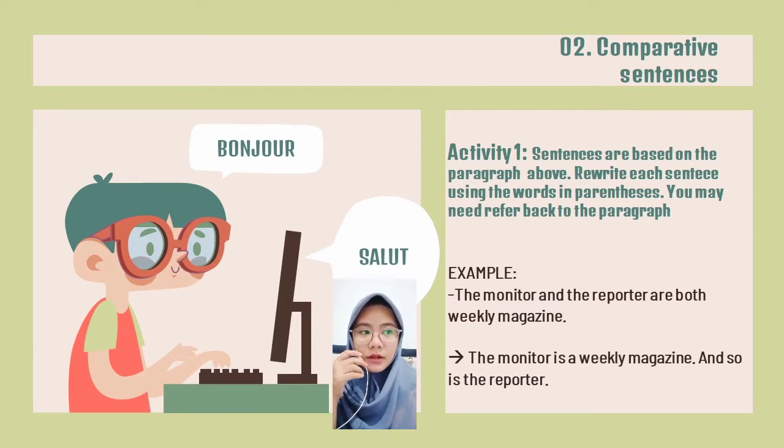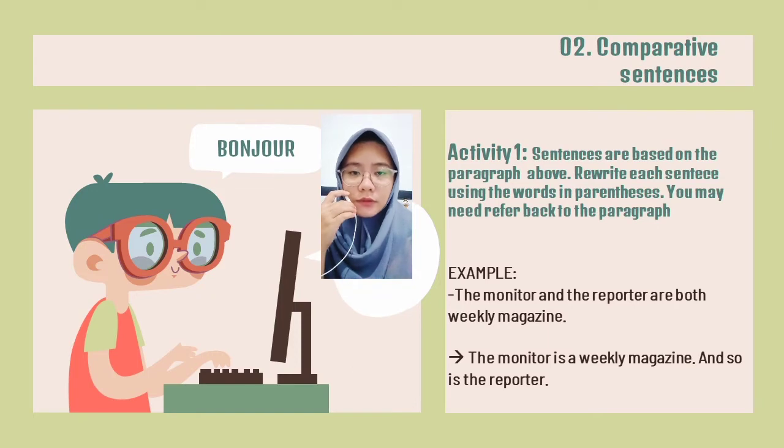For activity 1, the sentences are based on the paragraph above. Rewrite each sentence using the words in the parenthesis. You may need to refer back to the paragraph. For example, the Monitor and the Reporter are both weekly magazines. So we can make the comparative sentence: the Monitor is a weekly magazine and so is the Reporter.